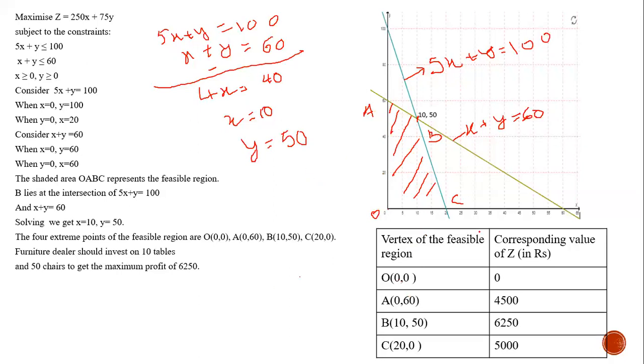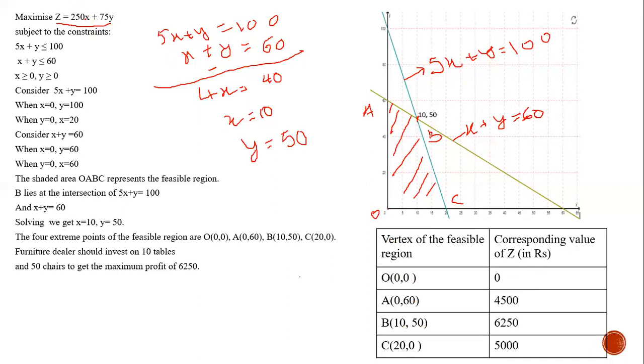So I have made a table here. The corner points are (0, 0), (0, 60), (10, 50) and (20, 0). Corresponding to these, let us find the z value. Z is the objective function, which is defined as 250x + 75y.